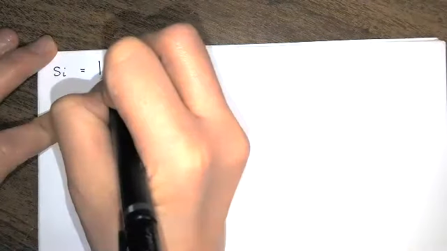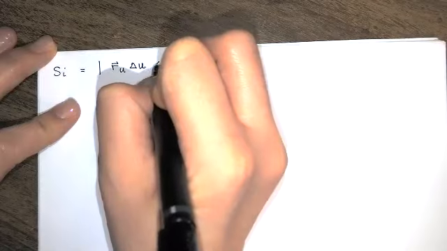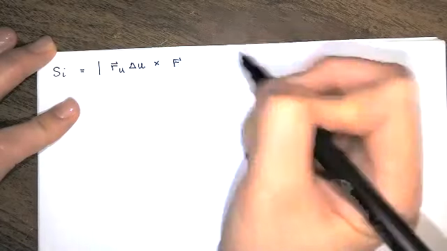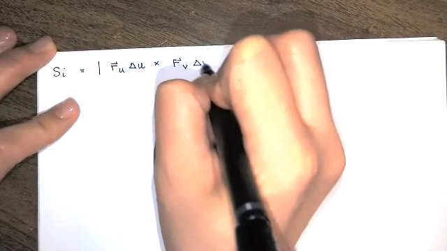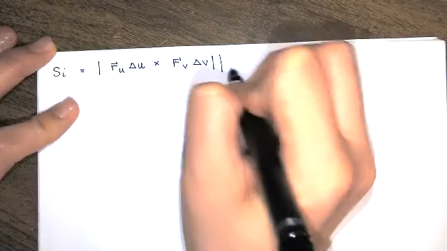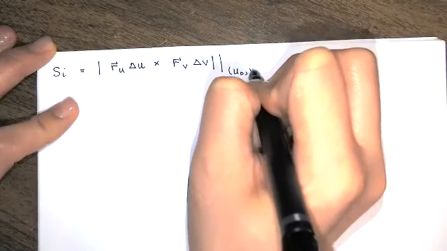So we'll have the surface area is the magnitude of the cross product of these two vectors. Of course, this is evaluated at u naught v naught.